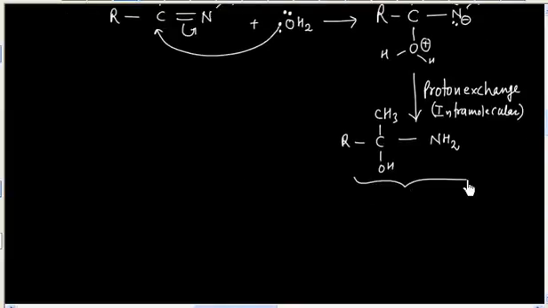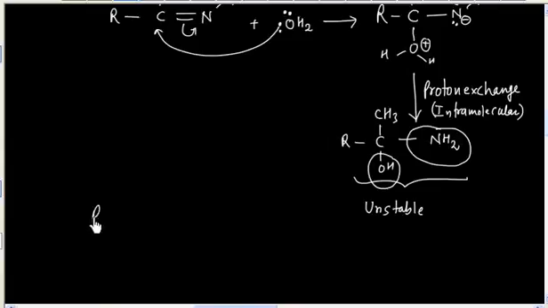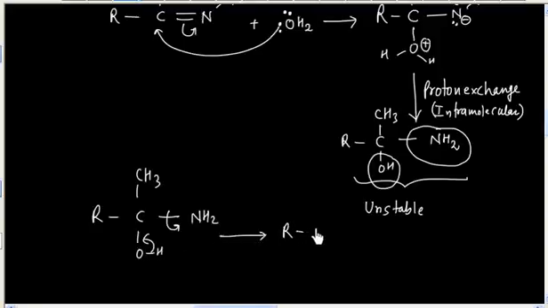Now this molecule, carbon is having two leaving groups, one is OH, another is NH2. So this is unstable. Now from here we can remove NH3 to generate ketone.